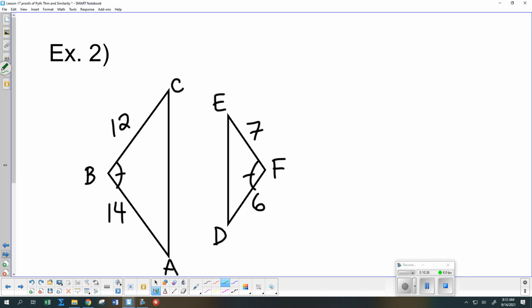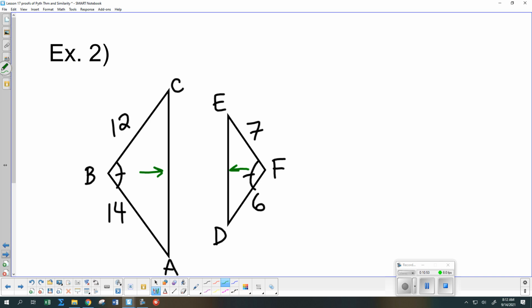Okay, this one. What do we think here? This one's actually a little bit tricky. So for this one, well, let's see, I'm looking at that, and so I know that B and F match up. So that means the sides across from them have to be corresponding sides, but I don't know numbers on those to set up a proportion.